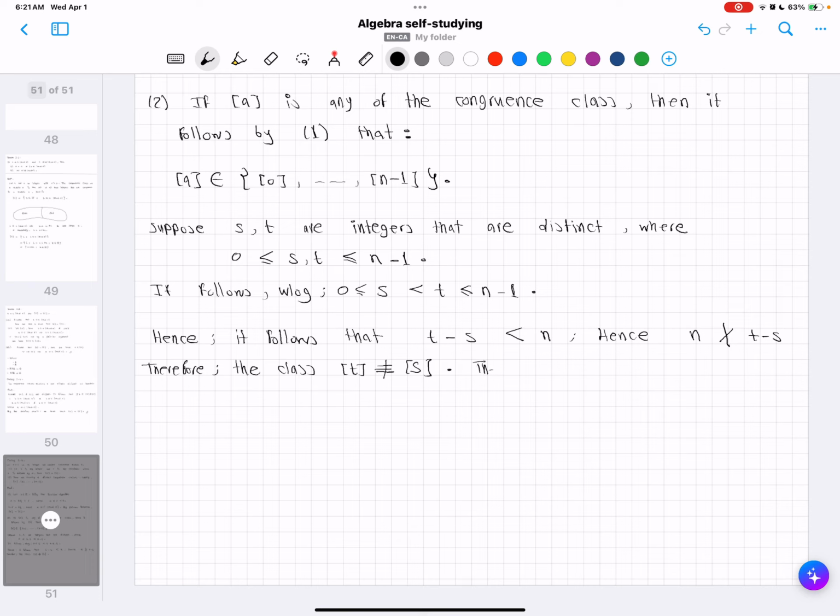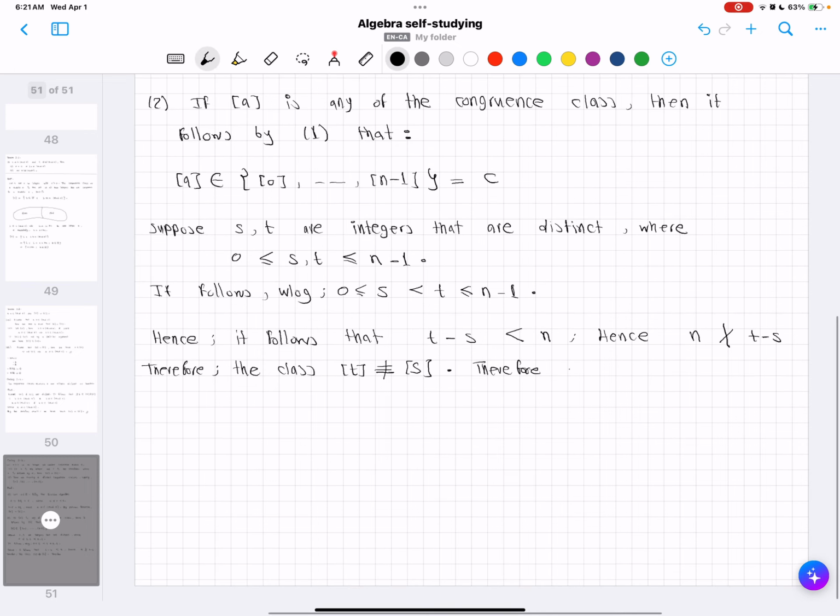So therefore, let's call this C. Therefore, C has n distinct elements. And we are done.